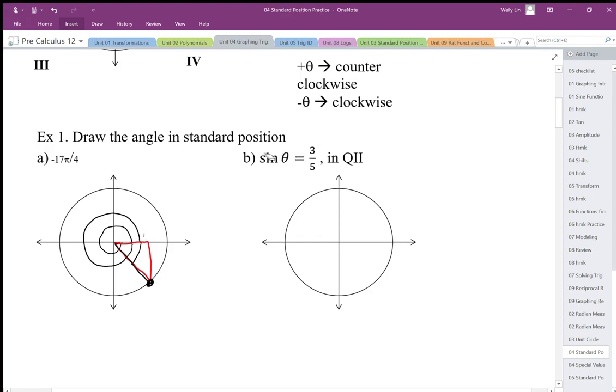Here I can establish a position using a ratio. Now, with ratios, there's always two possibilities, but this one tells us specifically it's in quadrant 2. So sine is positive in these two quadrants because sine is y, and I can eliminate that one because it tells me it's quadrant 2.